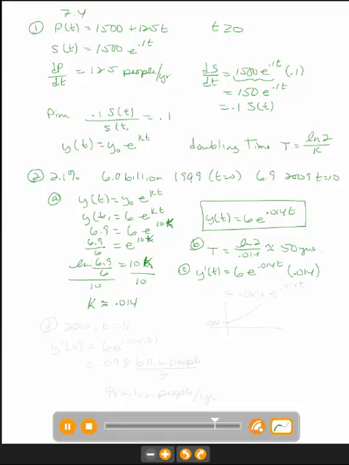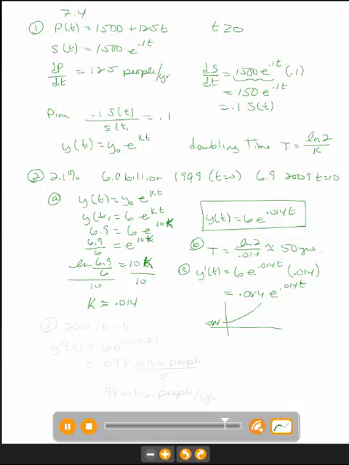Simplifying that down, we get 0.084e to the 0.014t. Then I would go to my calculator and graph it, but at t equals 0, the answer is 0.084. So when I draw this curve, I would mark 0.084 as the starting point of the curve.